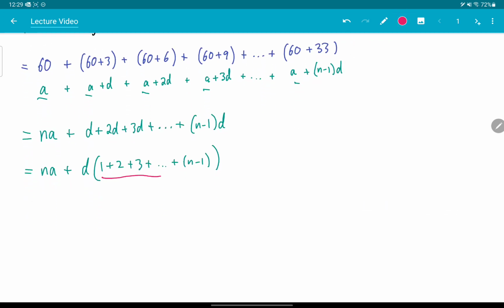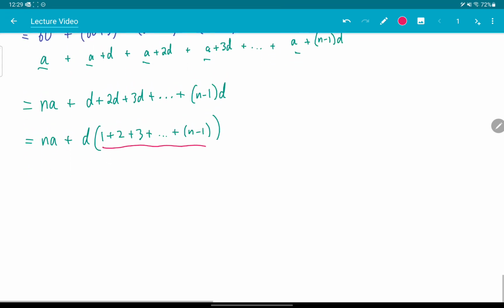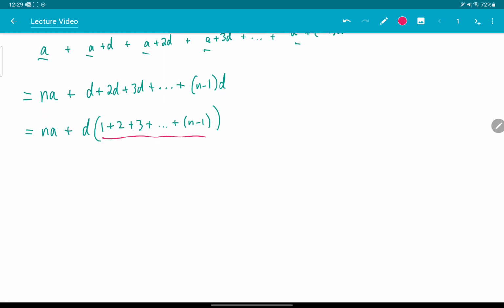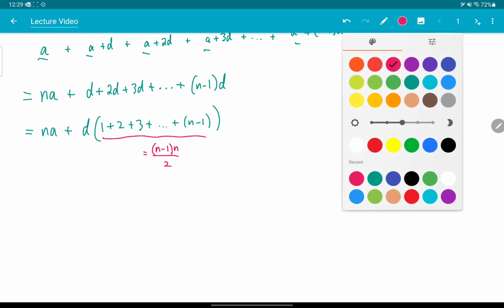Now this sum here is a very common sum in math, and we have a formula for this, a formula I'll prove shortly. But right now you'll have to believe me that it's going to be n minus 1 times n divided by 2. So I'll prove that later.